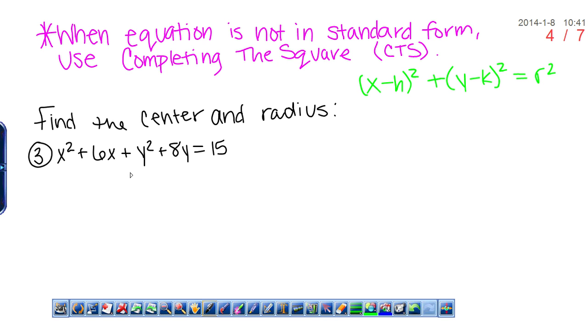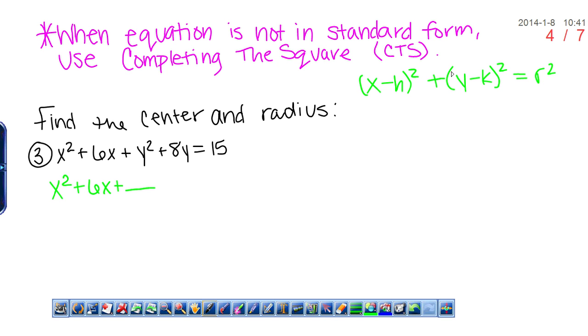So we're going to set it up just like we're used to. I'm going to deal with the x's, and then I'm going to deal with the y's. But I'm going to go ahead and put my blanks in. So I'm going to have x squared plus 6x plus blank. Now I'll tell you one difference. When we counteract this time, we're going to counteract over here, because notice that's the only place we want a constant, right?